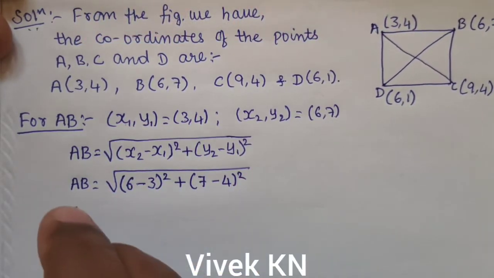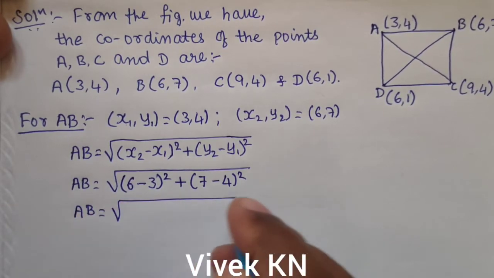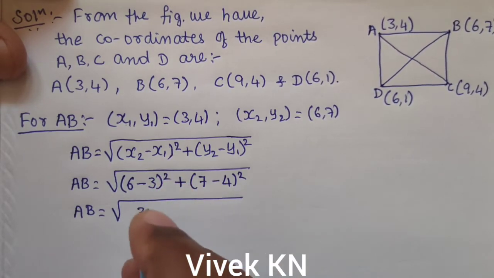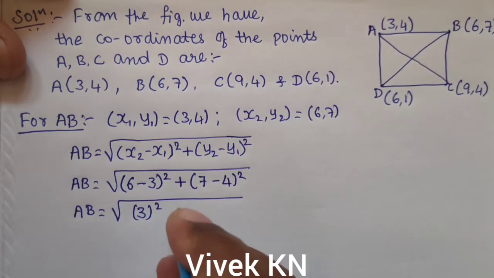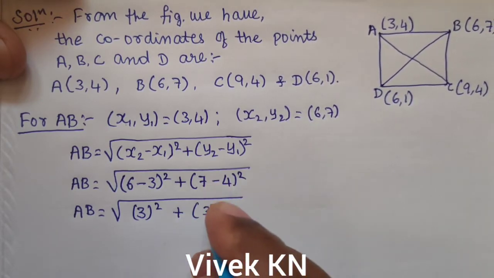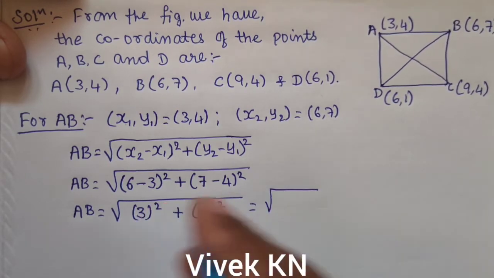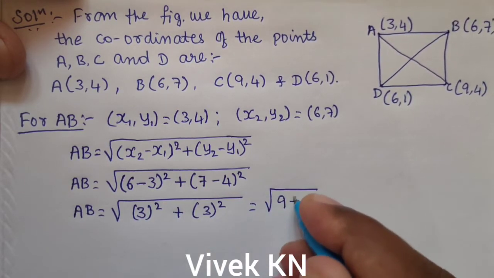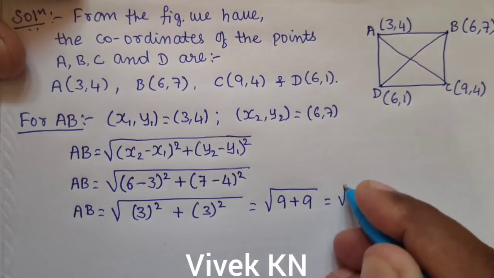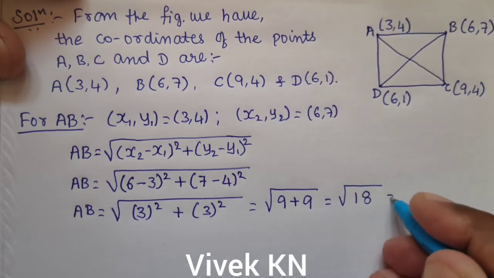AB is equal to under root of 6 minus 3 is 3 whole square plus 7 minus 4 is 3 whole square, which is equal to the value of 3 square is 9 plus 3 square is 9, which is equal to under root 9 plus 9 is 18.